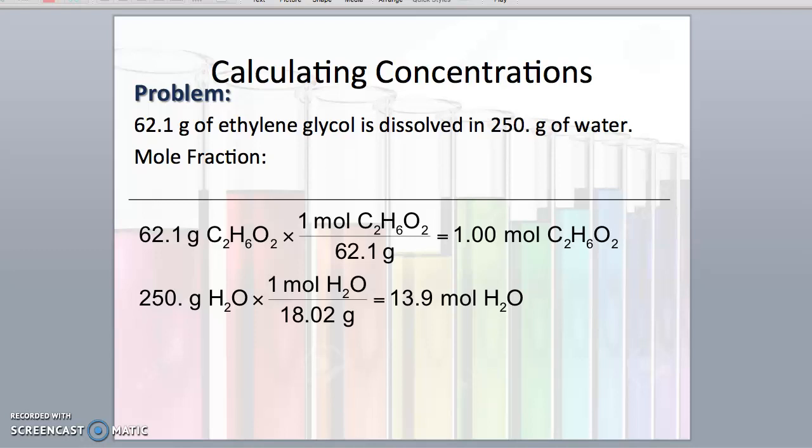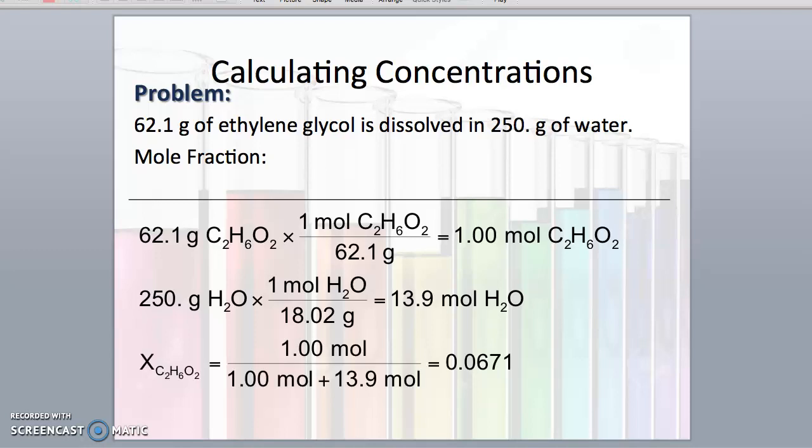We take the mass, use the molar mass to get the number of moles, and then we can get the moles of the water as well, same process. So we're going to have 1 mole of the ethylene glycol over 14.9 moles total solution, and we could divide that to get an answer.